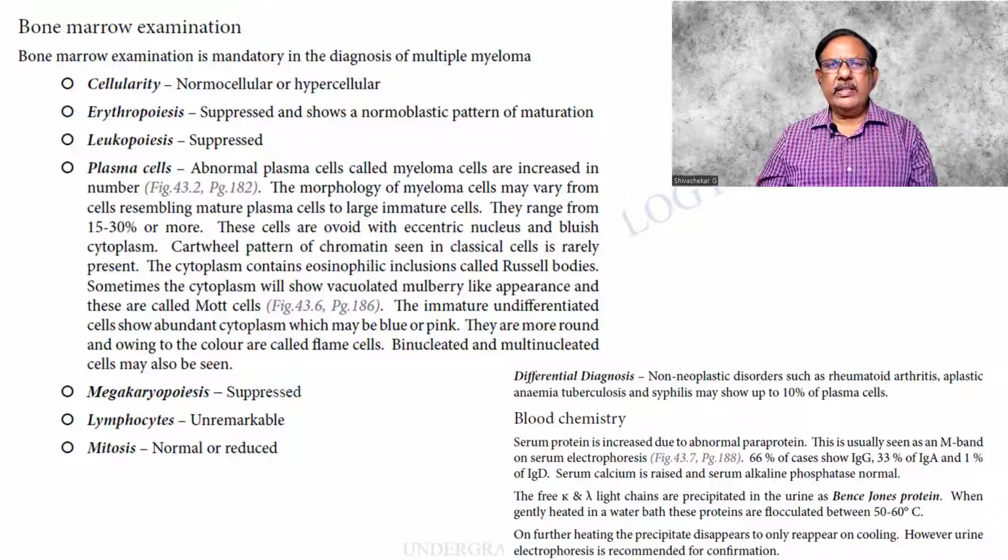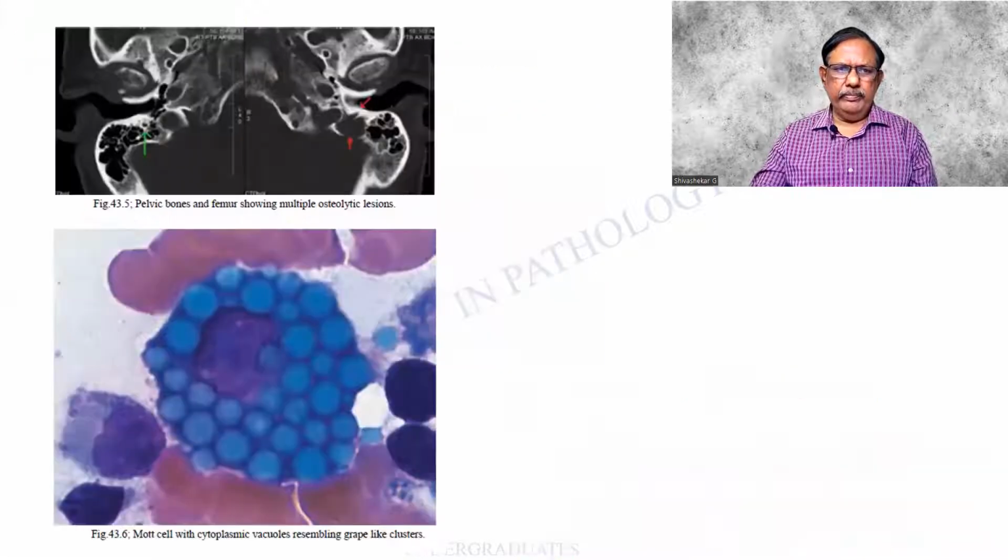There are some diseases like syphilis, tuberculosis, etc., where there can be up to 10% plasma cells, which is not indicative of multiple myeloma. Again, there can be abnormal protein, there can be a Bence-Jones protein, etc. You people will have to describe the Bence-Jones protein. We shall come to it if time permits.